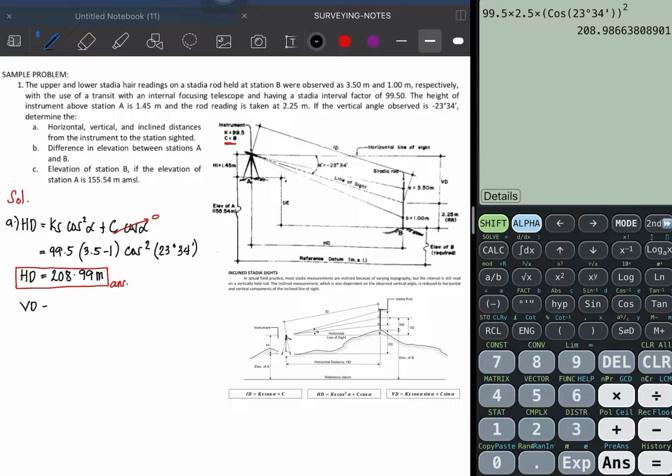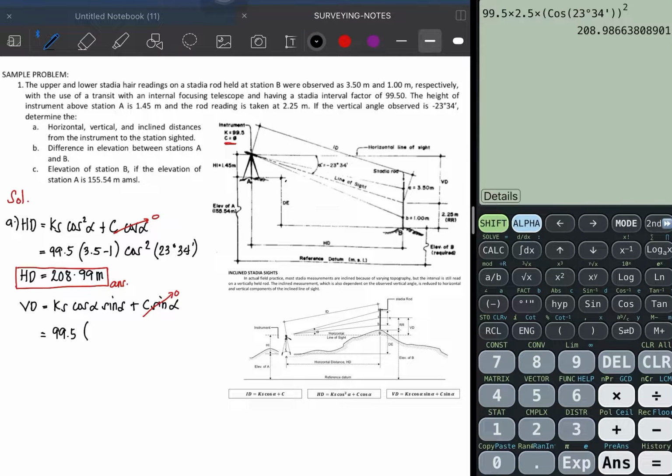And then B, vertical distance. Formula is you have K times S times cosine of alpha sine of alpha plus C sine of alpha. But your C sine of alpha is equal to 0. So therefore, substitute the values.